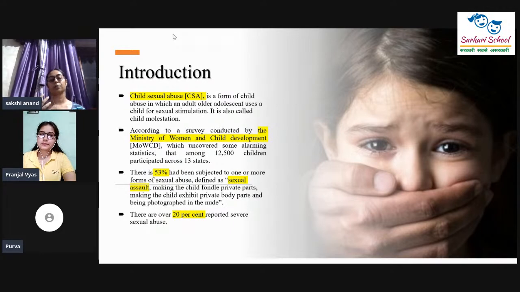According to the Ministry of Women and Child Development, around 12,500 children across 13 countries face this crime on a daily basis, and only about 20% of cases are reported at police stations or help centers.